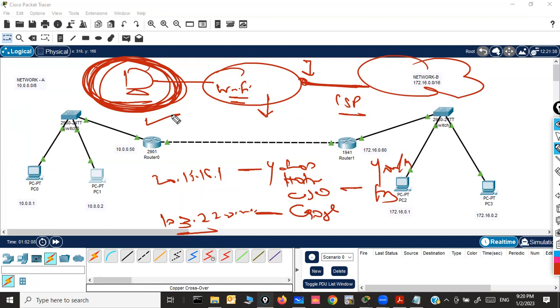Why? Because your Wi-Fi router, home router, broadband router is facilitating communication across different IP networks. Yahoo, Cisco, Facebook, Instagram, Twitter are all different networks. So we are doing routing, and without a gateway it wouldn't have been possible.